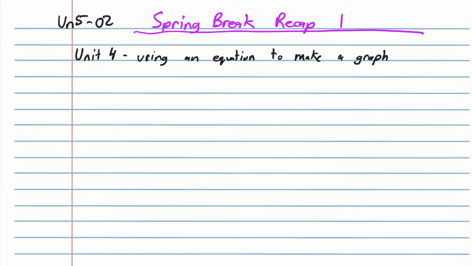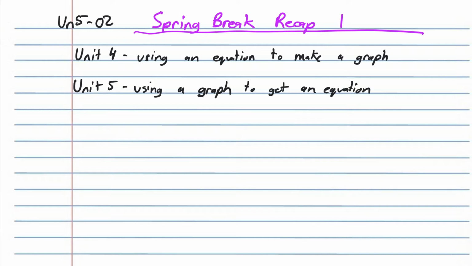And then when we started Unit 5, we barely started it before we left. But I said the general idea behind Unit 5 is going backwards, right? It's using a graph to get an equation, okay?